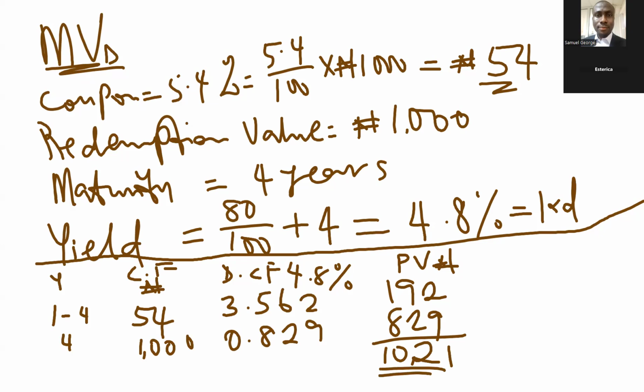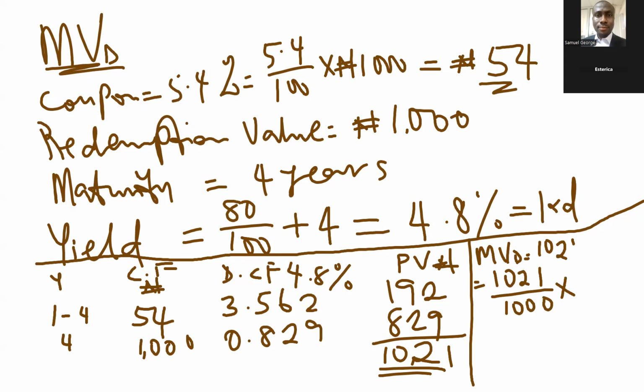Now, if you want to calculate the total market value of debt, therefore the market value of debt would be equal to 1,021 per 1,000 divided by unit, that is 1,000, times the nominal value of the non-current liability, that is 760, okay, divided by 1,000 times 760.